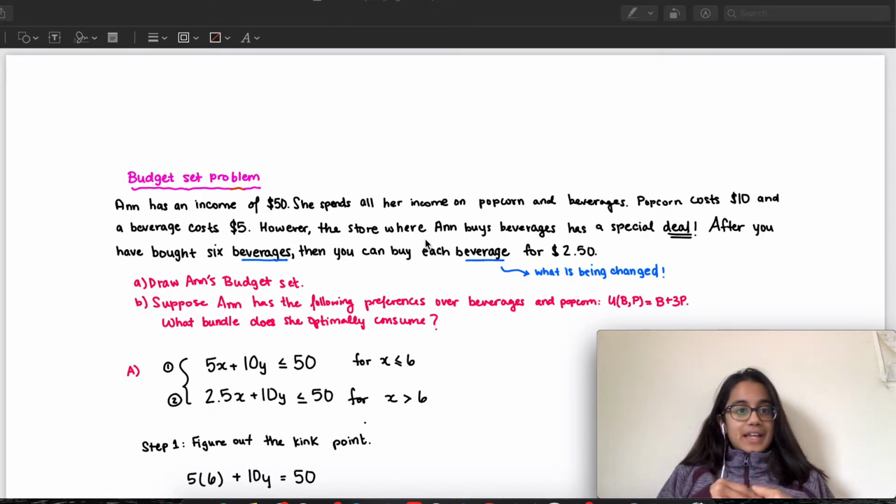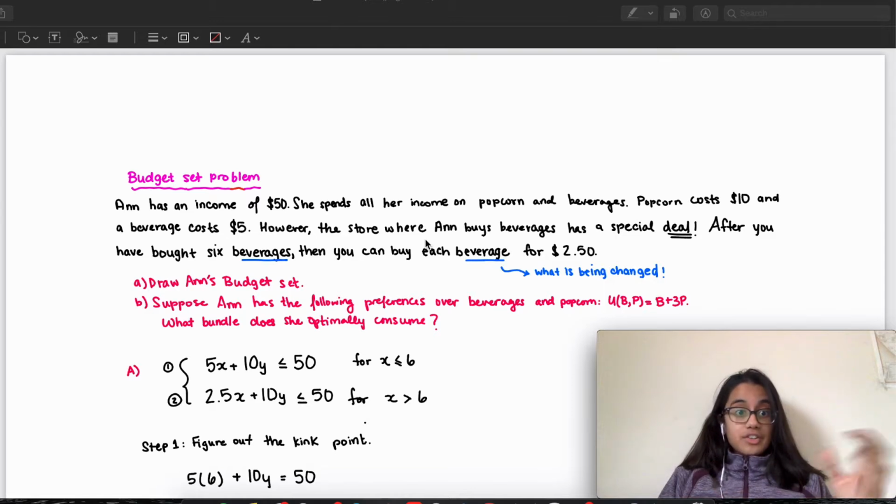The problem asks to create Anne's budget set, given a particular utility function, and to find what bundle she optimally consumes. Anne has an income of $50, and she spends it on popcorn and beverage, so we're looking at a two goods world.